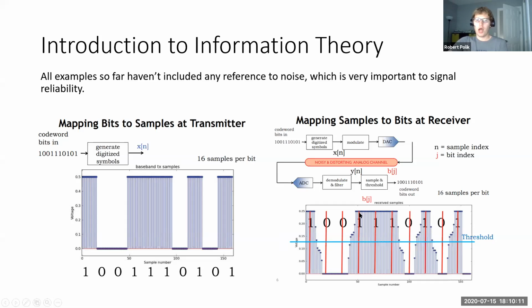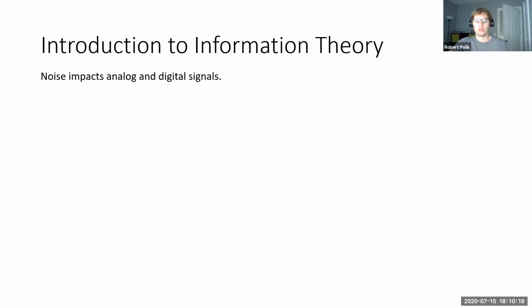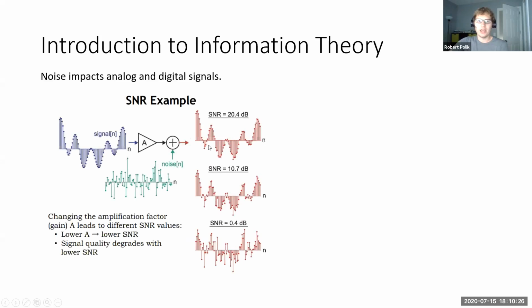So we need a way to quantify this noise, and that's what Claude Shannon does in his article. I have an example right here, and we'll talk about noise in digital signals more in a couple of slides. But in analog signals, the way you combat noise is you amplify your signal. This is why, when you're recording sound, you might plug it into a preamp before you start recording, to diminish noise as it goes into your computer or recording equipment.